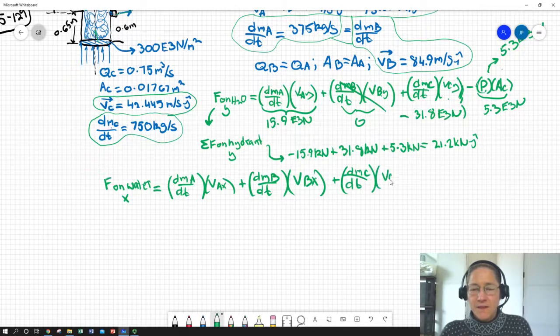We could say VCX is going to be the force on the water in the X direction. Pressure doesn't factor into this one, and we know that VCX is 0, so we simply get the force exerted on the water by the hydrant to accomplish this change in momentum.